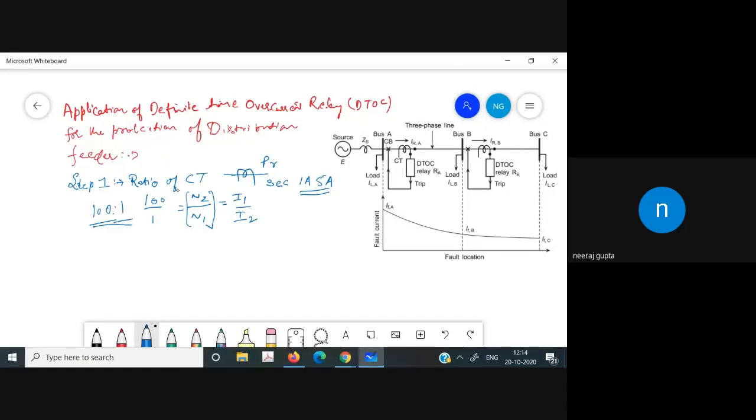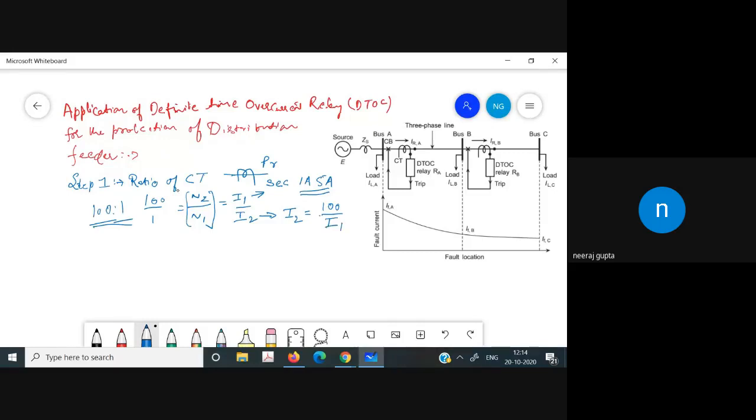If we know the ratio, we can calculate the value of I2 from that. I1 is actually the current flowing in the line, a very large value, and I2 is the current for the protection circuit. So finally, I2 is equal to I1 divided by 100.